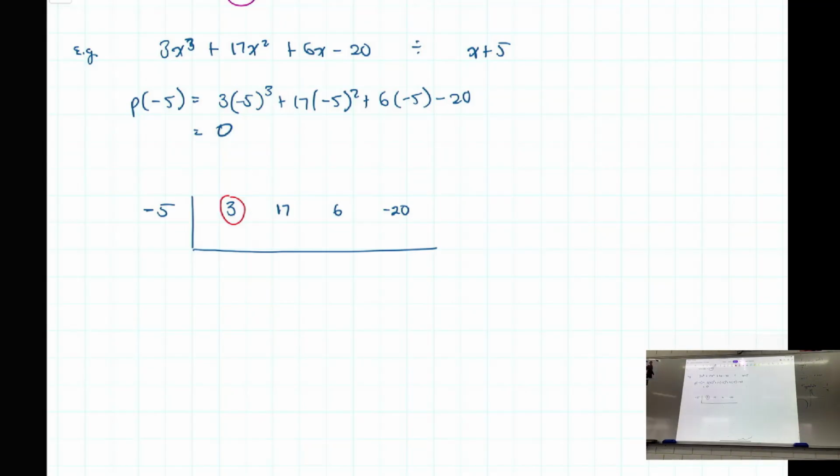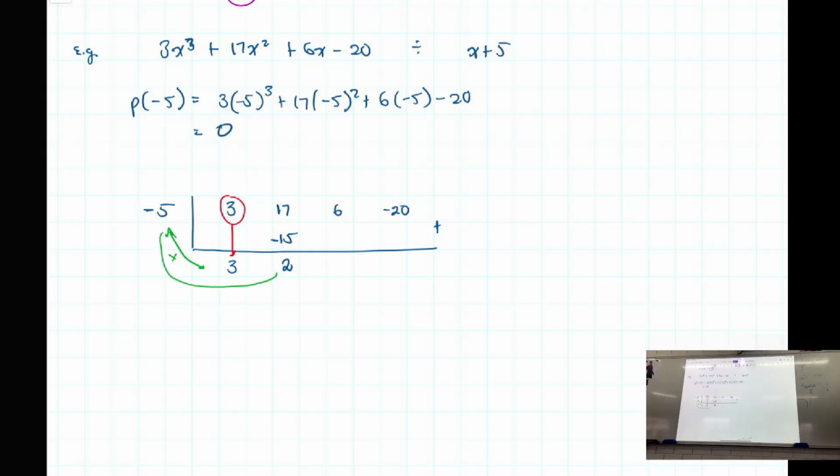Coefficients here, and now I'm going to bring down the 3. Then multiply these two. Minus 5 times 3 is minus 15. And remember, this is like an addition. 17 minus 15, positive 2. What do I do with that 2?